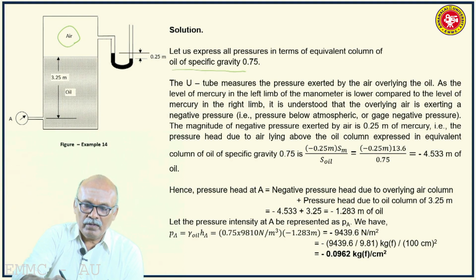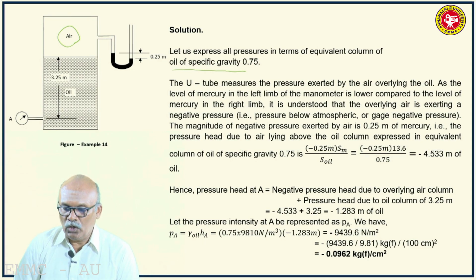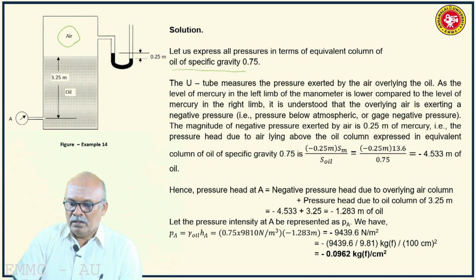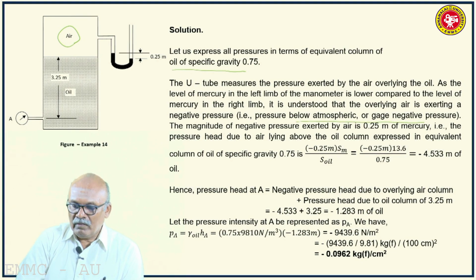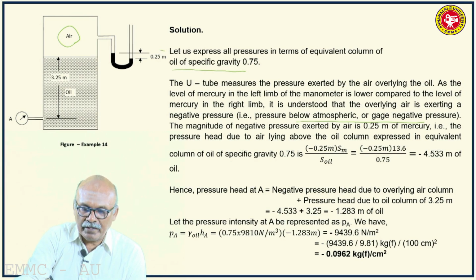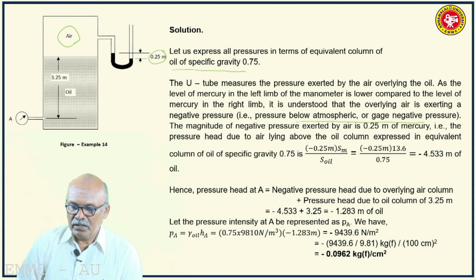So the difference in mercury columns in the two limbs is indicative of the pressure of air inside the container which is overlying the oil. The pressure of air is below atmospheric, or gauge negative. The magnitude of negative pressure exerted by air is 0.25 meter of mercury, that is the deflection of mercury in the two limbs of the U-tube manometer.